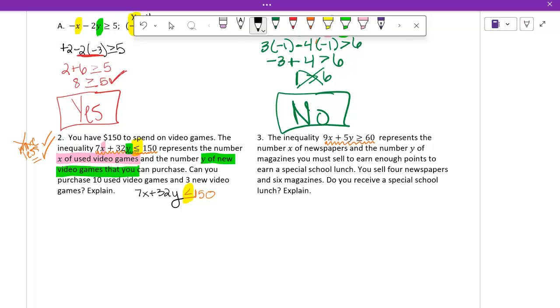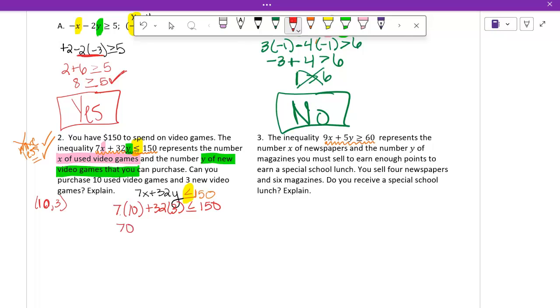But here it says, can I purchase 10 used video games and 3 new video games? So I have the point 10, 3. And again, X is used video games, and Y is 3 new video games. They want to see if this makes a true statement. So 7 times 10 plus 32 times 3, is that less than or equal to 150?